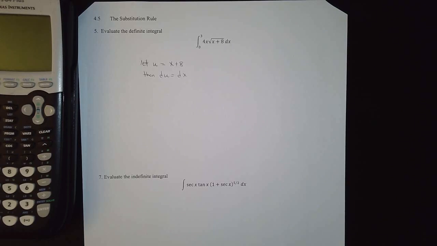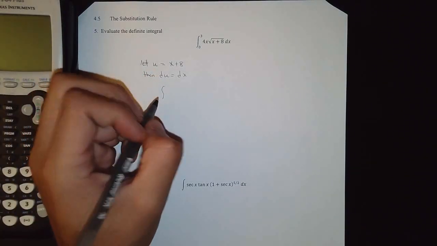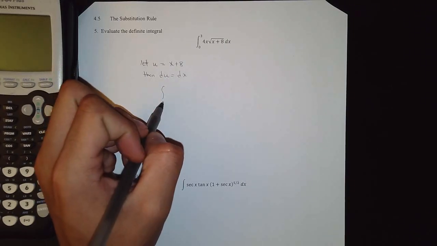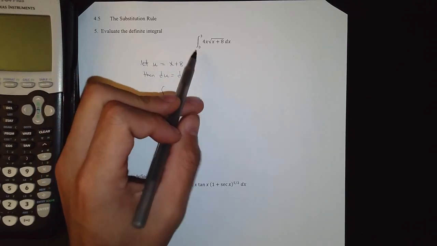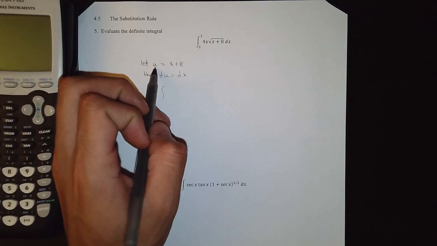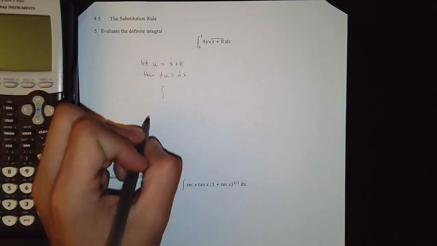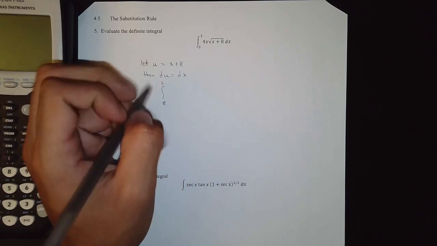And so we can rewrite this integral as a new integral. The new limits of integration become, we have to use u equals x plus 8. X started at 0, so the new lower limit is 0 plus 8, which is 8. And then the upper limit would be 11.